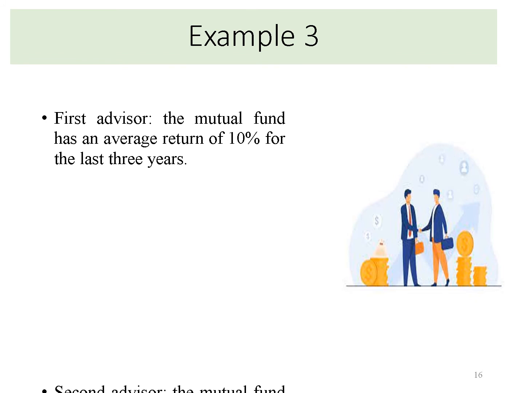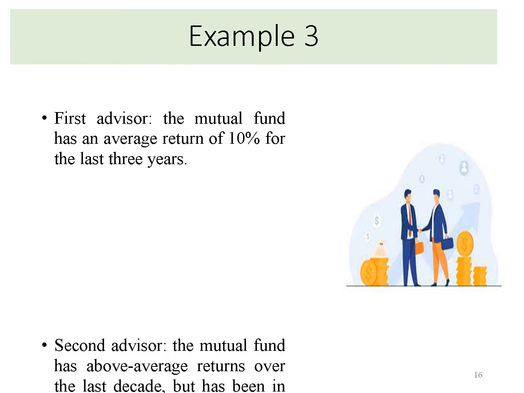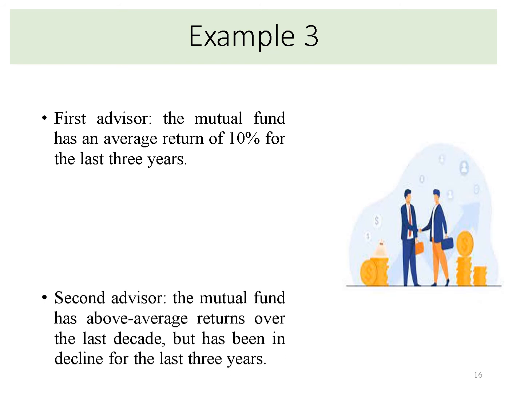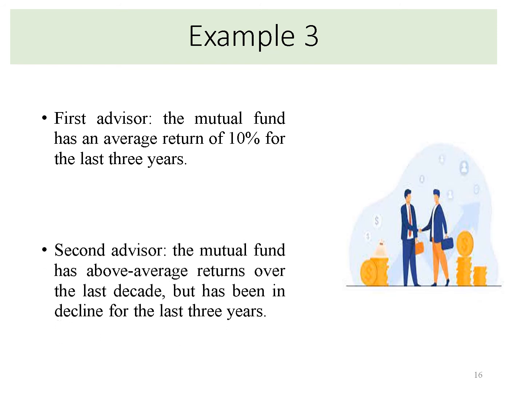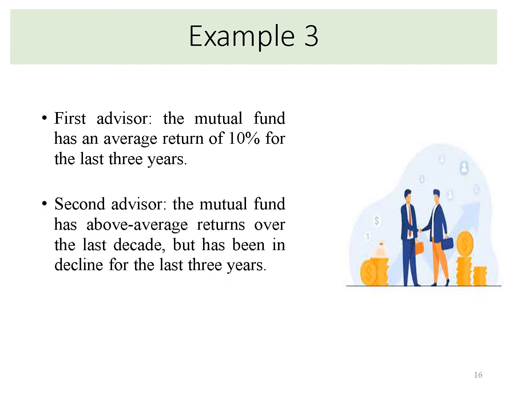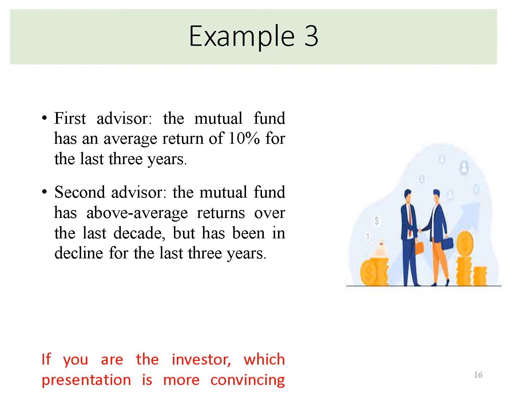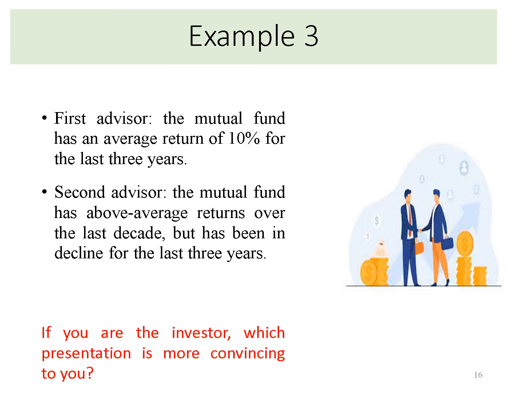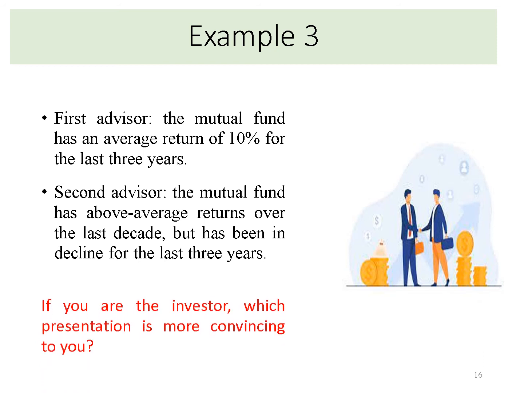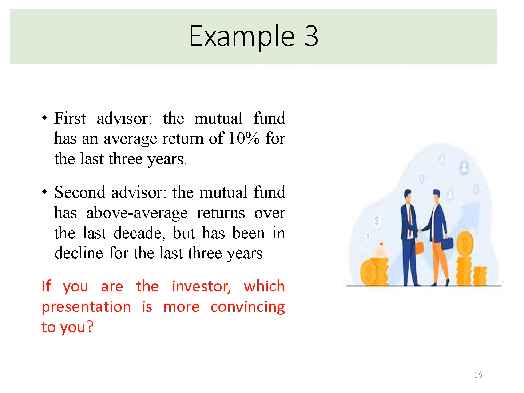Meanwhile, a second advisor tells the investor that the fund has above average returns over the last decade, but has been in decline for the last 3 years. If you are the investor, which presentation is more convincing to you? Would you invest in the mutual fund?